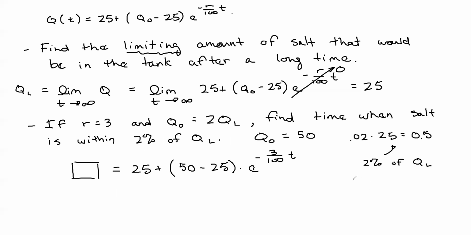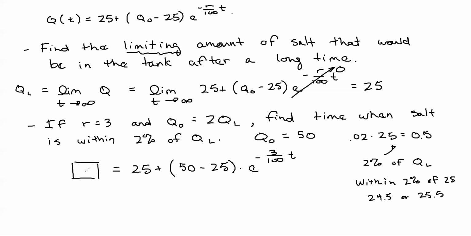That's not within 2%. To find when we're within 2%, you need to take that quantity and add it to QL. So within 2% of 25 would be either 24.5 or 25.5. 2% below the amount would be 24.5, and 2% above would be 25.5.